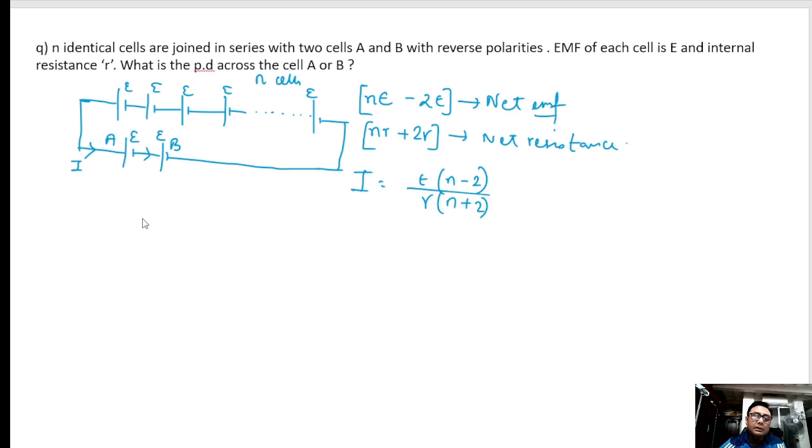So that means the voltage across A will actually be E plus I into R. Or voltage across B will also be the same thing.